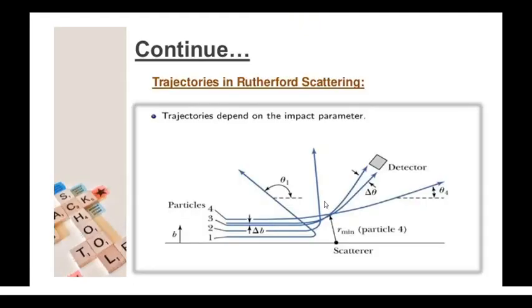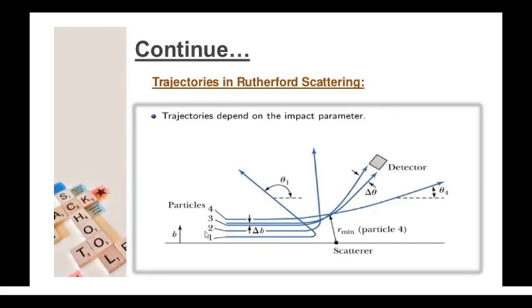So this is another picture showing the alpha particles. The first particle coming towards like this, when it approaches here, it gets deflected. Now what about the second particle? It gets deflected like this, and the third particle again this, and the fourth particle coming like this. So you can see the different scattering angles here.